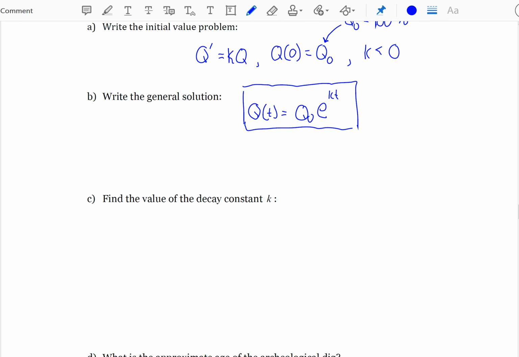Let us find the value of the decay constant. Here we're going to use the fact that we know Q of 5,600 years is equal to half of the initial quantity. So half of Q naught.